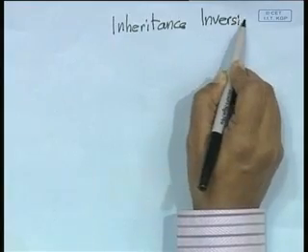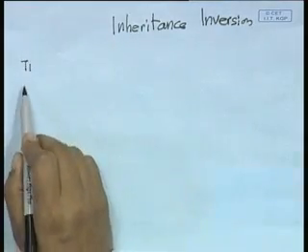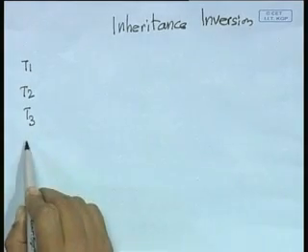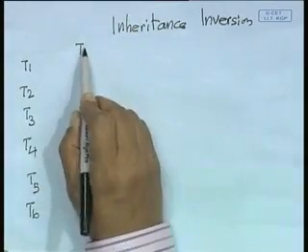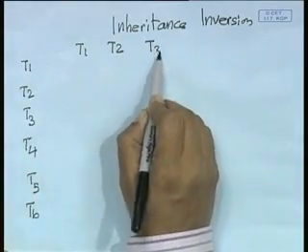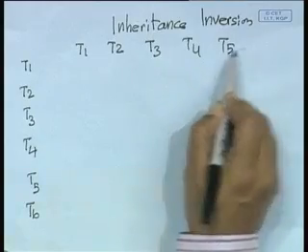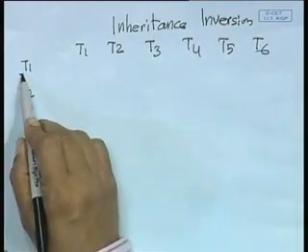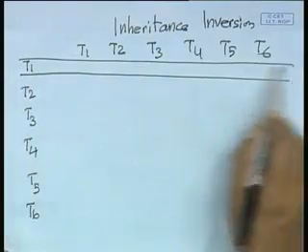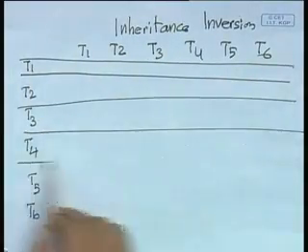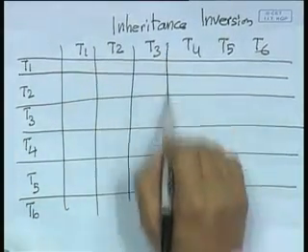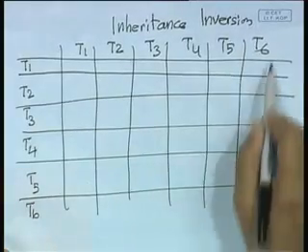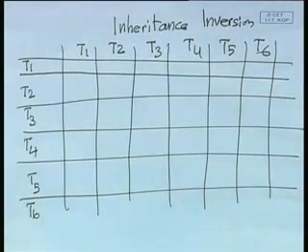So, again we will write T1, T2, T3, T4, T5, T6, T1, T2, T3, T4, T5, T6. Now let us look at the diagram and then identify what are the inheritance inversions. I will populate on this table.